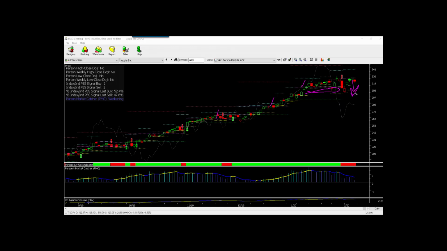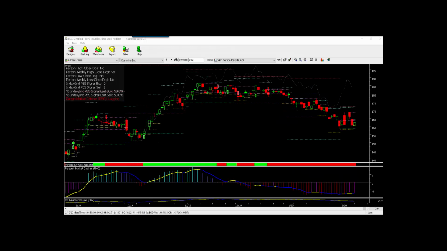So that would be a cause of warning. The Person's Pivot indicator gives you a targeted value of the market condition with higher highs and higher lows, and under that condition gives you structural values that you can look to see if the support holds. In this case, the green support line and then the red targeted resistance lines. All right, let's look at one more example.